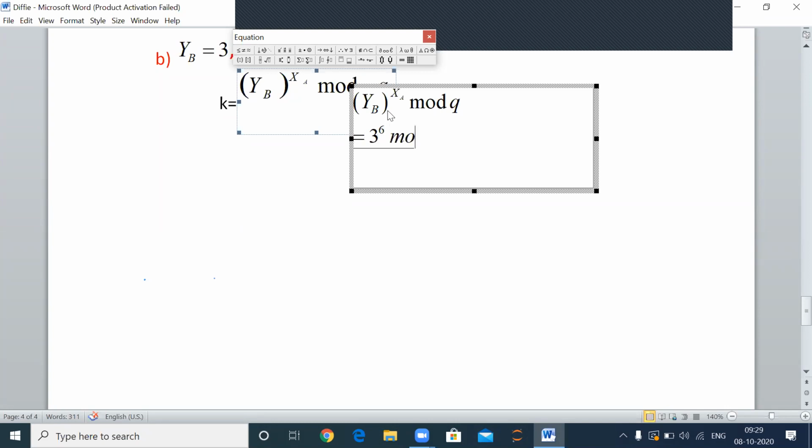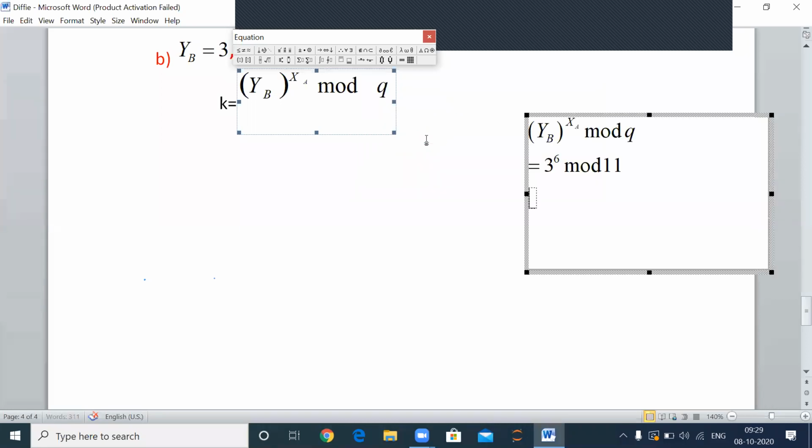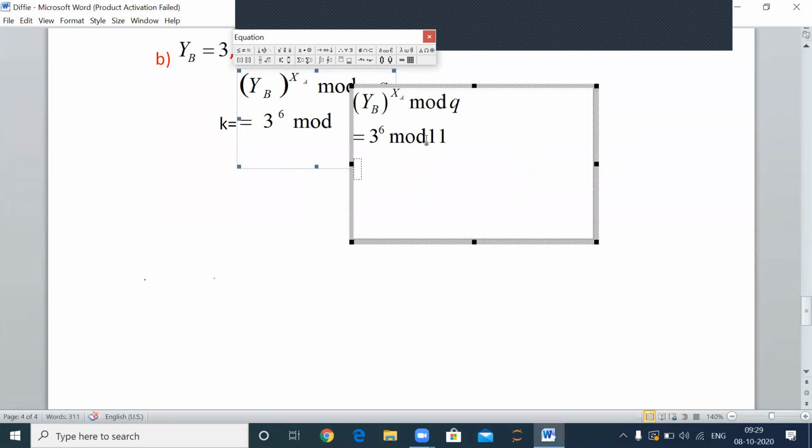Mod the prime number, 11. With this, you calculate the remainder value. 3 power 6, whatever value we get, mod 11, means this value divided by 11. What is the remainder value?